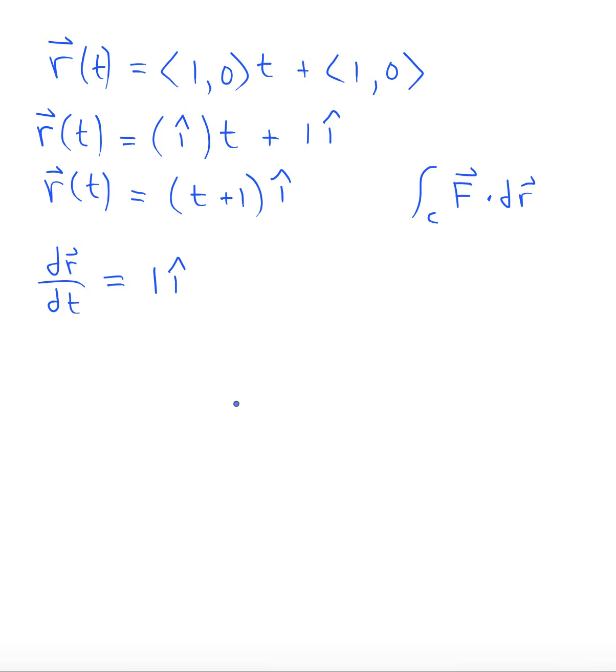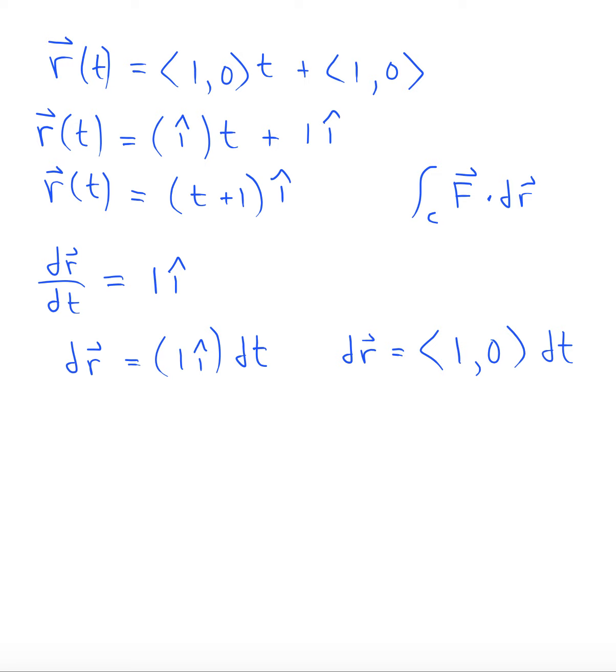That's the velocity, of course. Then we can separate our differentials here, and we'll get 1 i hat dt. Or in other words, dr equals ⟨1, 0⟩ dt.